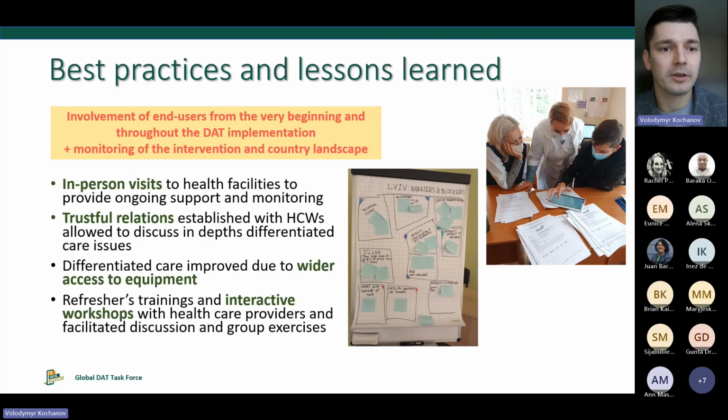And the second part of our success is the ongoing routine monitoring of the intervention and of the country landscape, and adapting to all the situations happening.